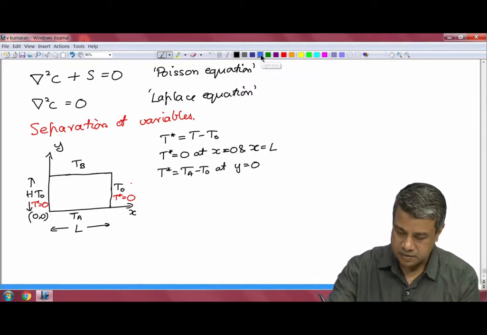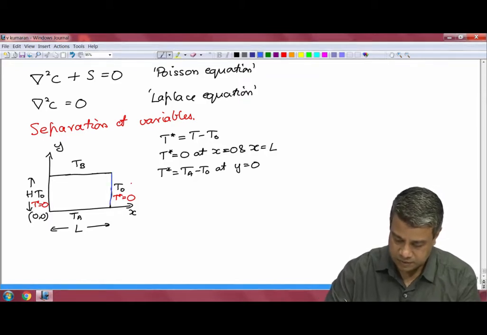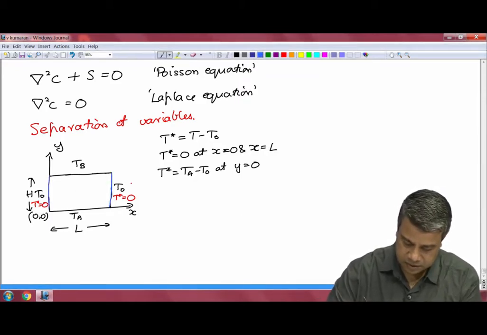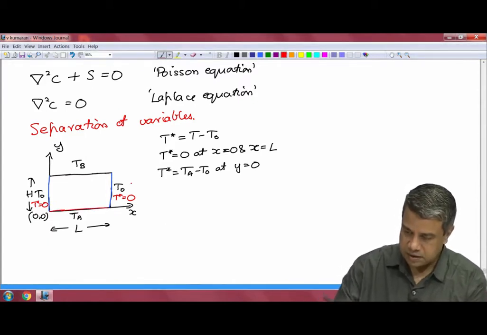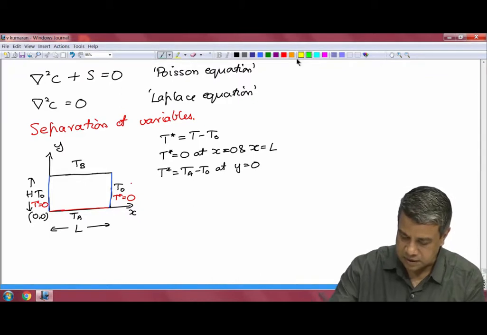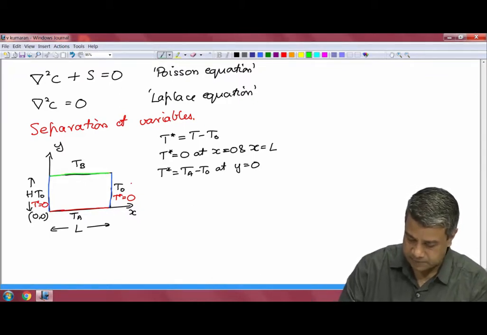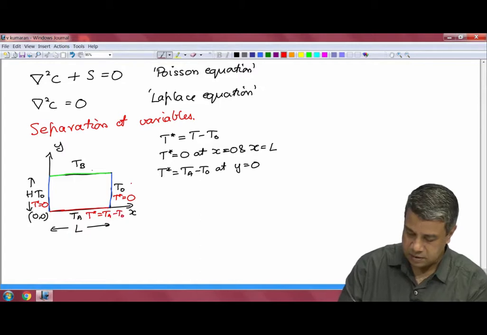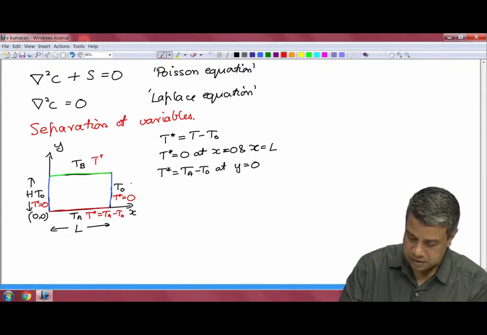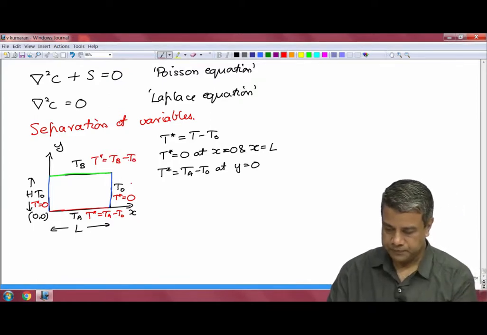So, I have two surfaces of equal temperature, and I have a bottom surface that is at a different temperature and a top surface which is also at some other different temperature. So, over here T star is equal to T A minus T naught and T star is equal to T B minus T naught.